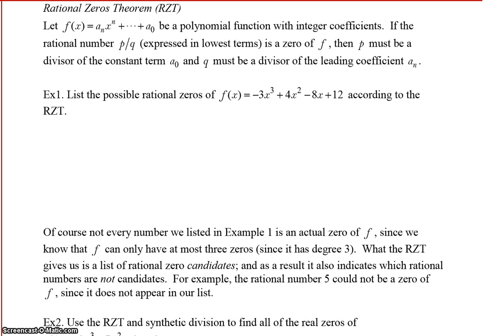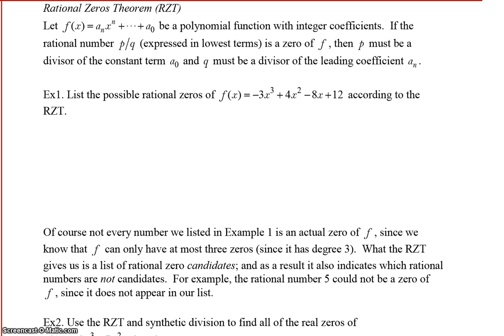Let's look at example 1. List the possible rational zeros of f of x equals negative 3x cubed plus 4x squared minus 8x plus 12 according to the rational zeros theorem. So we want to identify possibilities for p and q for our possible rational zero p over q. According to the theorem, the p's must be divisors of the constant term.